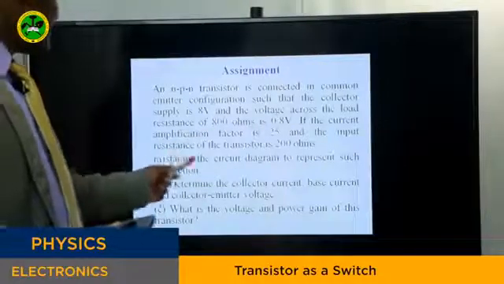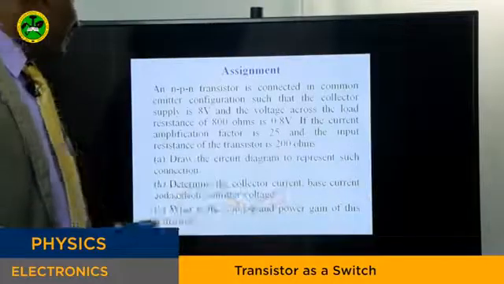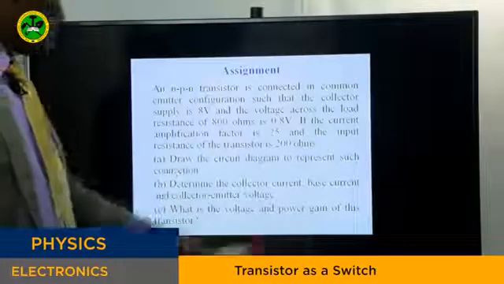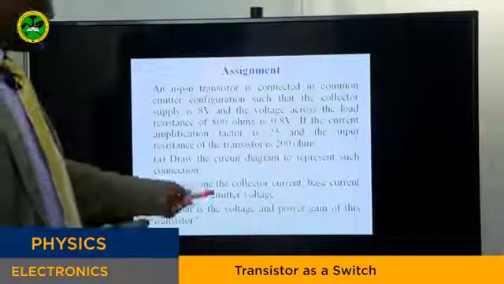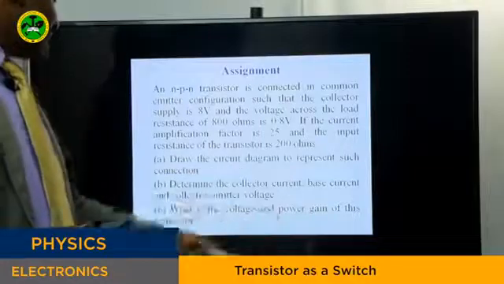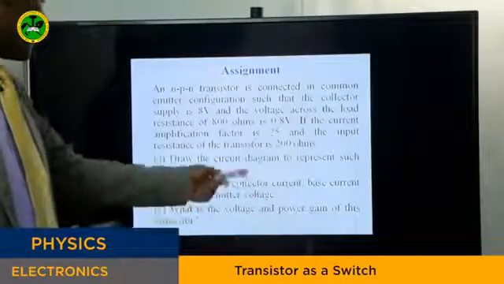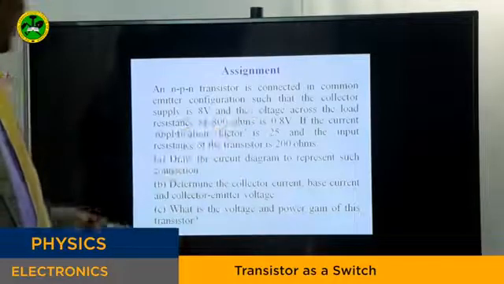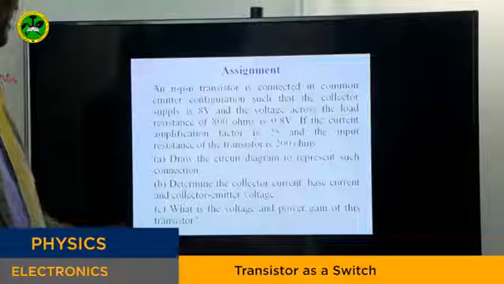The amplification factor of the transistor is given, and the input resistance is given. You are required to draw the circuit diagram to represent this information. Then you are required to determine the base current and the collector-emitter voltage, VCE. Finally, find the power and the voltage gain.